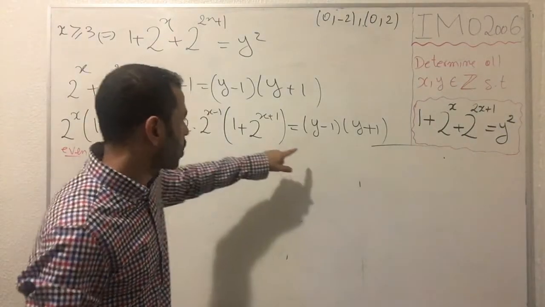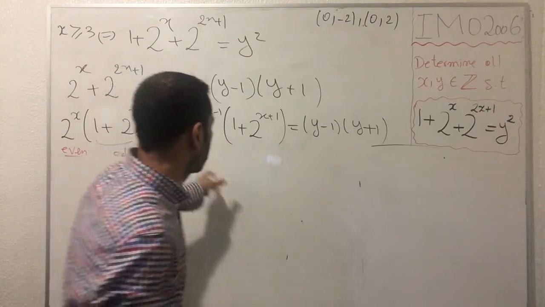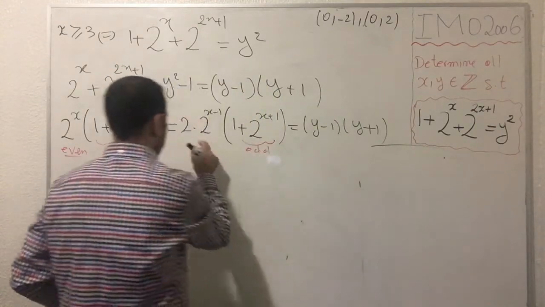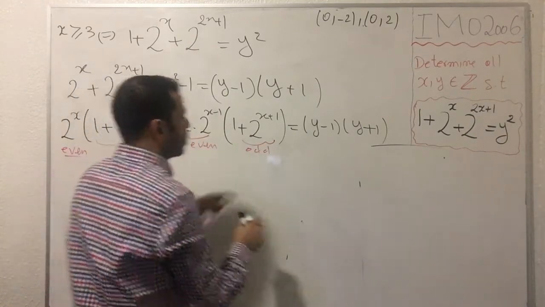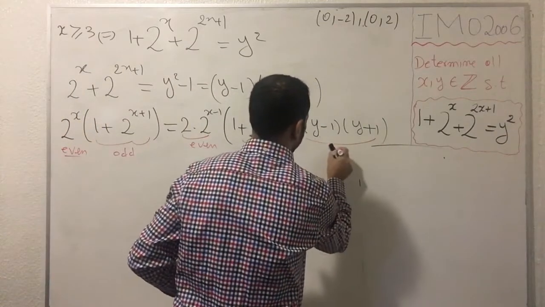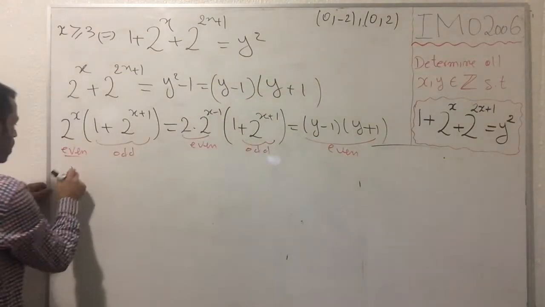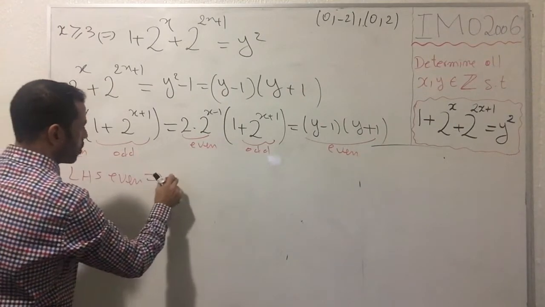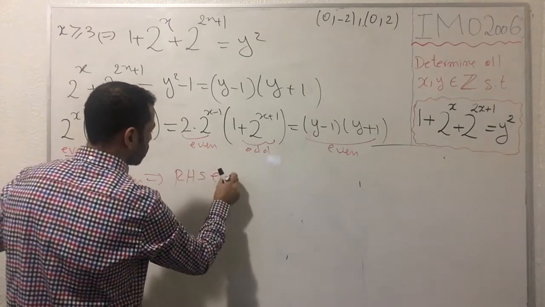Since we have this number even, that means this is odd, and this is even. So the left hand side is even, which implies the right hand side must be even as well.